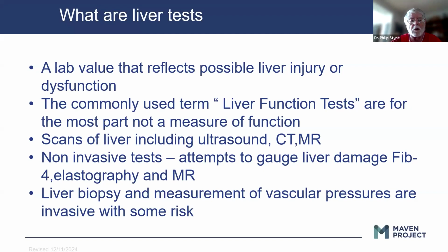Elastography you've probably heard about, called FibroScan, and also MR actually has a way of doing a measure of fibrosis. Liver biopsy and measures of vascular pressure, invasive procedures with some risk, but sometimes we go to that, but that's probably going to be something more that the hepatologist that you might refer a patient to would be using.